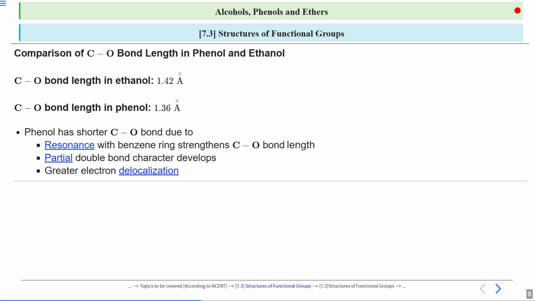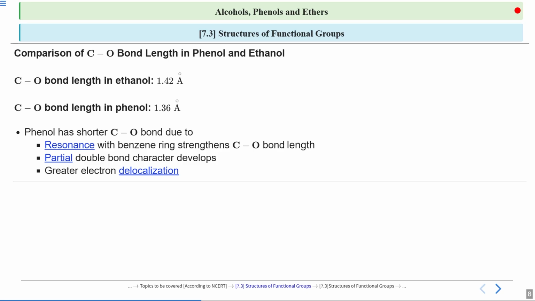Phenol will show greater electron delocalization. The p orbitals in phenol undergo delocalization, which contributes to the shorter CO bond length of phenol. So these are the three main factors. The resonance shown by the benzene ring strengthens the CO bond by developing a partial double bond character.